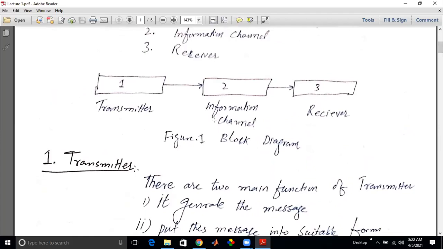So the form in which you want to send the message will be such that it can easily pass through the information channel. The message will be generated by the transmitter, and then it will be converted into such a format that it can pass through the information channel. These two are the main functions of a transmitter.